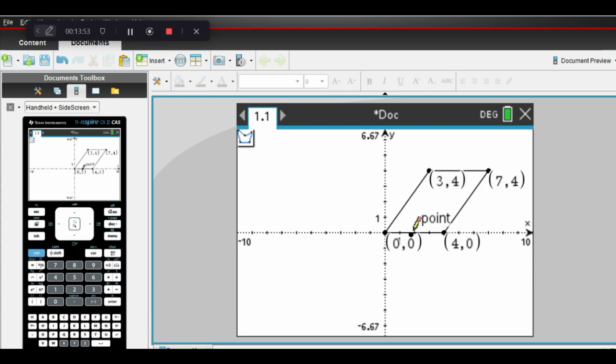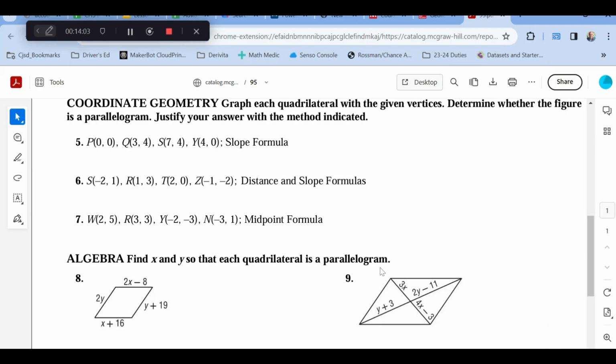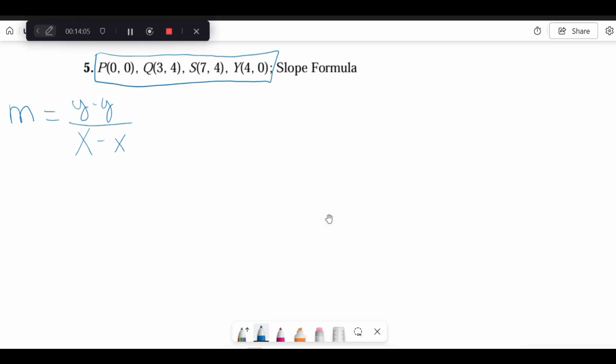So what I want to do is I want to test the slope of this side to the slope of this side. So y minus y over x minus x. So if I did that, right, so that'd be 4. It looked like this.